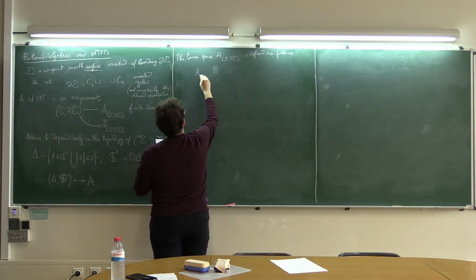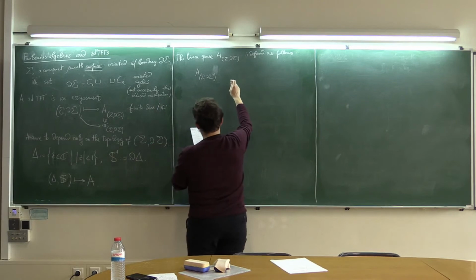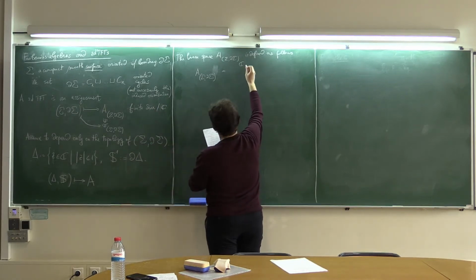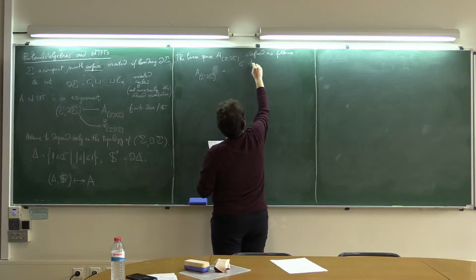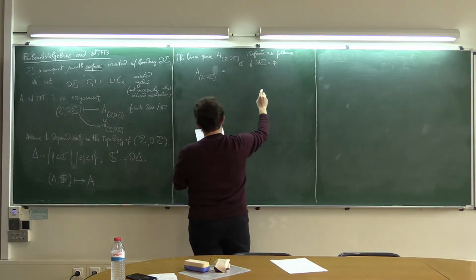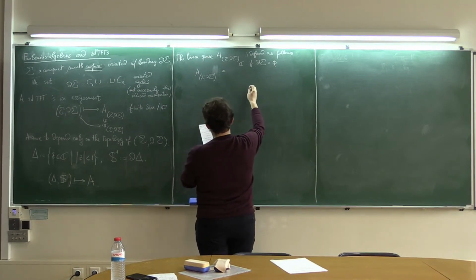A of sigma, the sigma is defined to be C if the sigma is empty, that is, if sigma is without boundary.